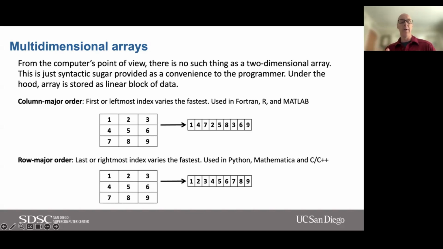Row major order is where the last or the rightmost index varies fastest. And this is what's used in Python, Mathematica, C, C++, I believe Java also, any of the C-like languages. Looking at that same two-dimensional array, we're going to go across the first row, elements 1, 2, 3, then the second row, 4, 5, 6, third row, 7, 8, 9.